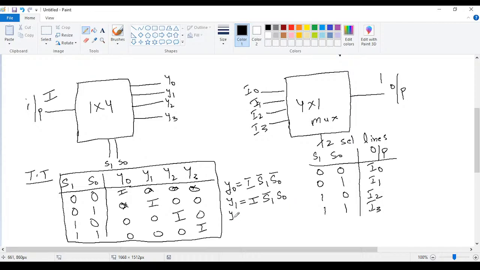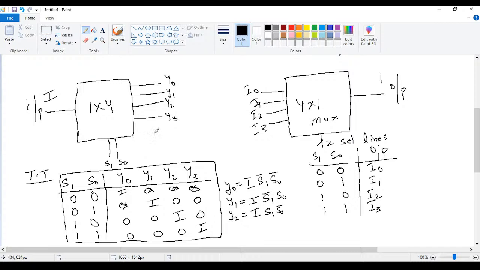Here also Y2 equals I when S1 is equal to 1 and S0 equal to 0. Wherever we have zeros, there we give bar. That is how we can get the expression very easily.